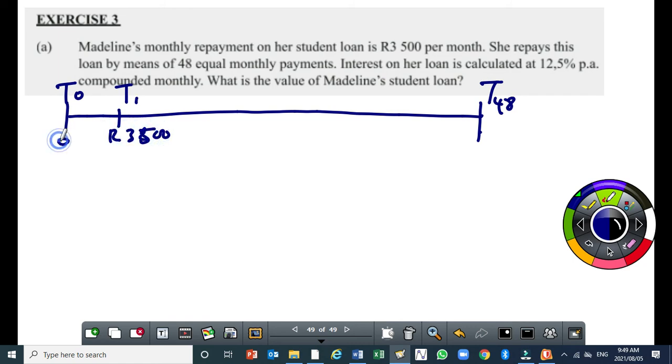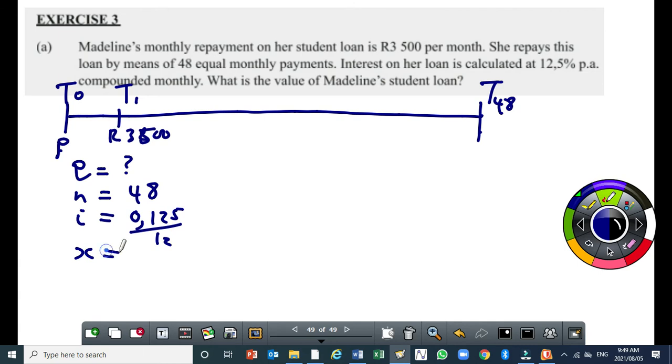We need to know how much money was borrowed. So our P we don't know. Our N is 48. Our I is 12.5%, so that will be 0.125 over 12. And X is 3,500.